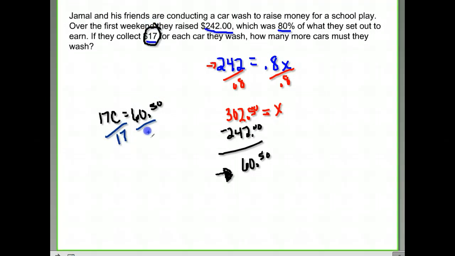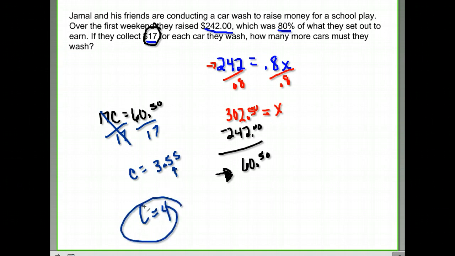Divide both sides by 17 and we'll find out how many cars these people have left. We get 3.55, but notice no one is going to let you wash 0.55 of their car and pay you for it. So let's just go ahead and round that up to 4. So they need to wash 4 more cars, charging $17 a car, in order to get that last 20% that they needed.